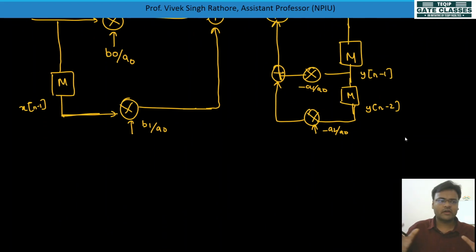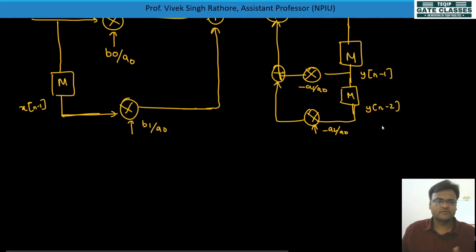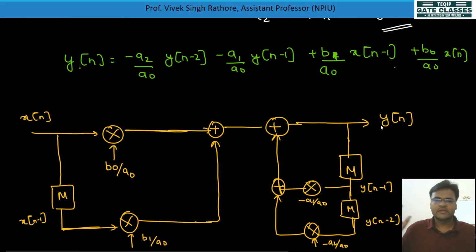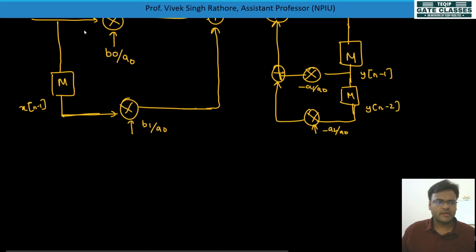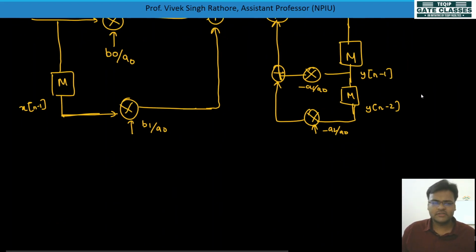So this block diagram is the physical realization of this difference equation. This is actually the original system which we see in plants and so on. Input is there, output is there. In between, some delay factors, some multiplication factors, and some additions are there, and then we just get the output, very easy.